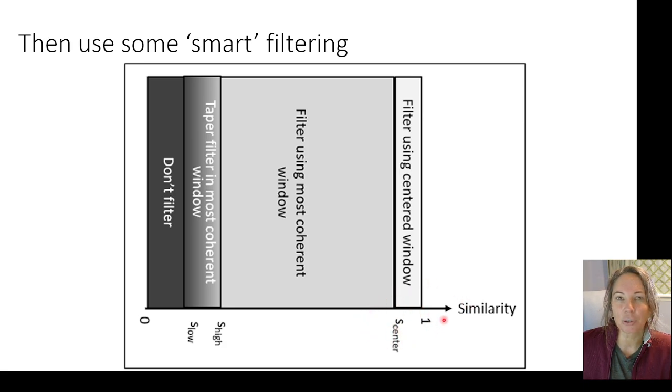You want to filter a little bit more in areas where you know that everything is fairly similar to each other, so you can remove that speckly, random noise in areas where the data should be similar. Then as you get lower coherence, so there are more dissimilarities, maybe you're approaching a fault, or you have a feature like a turbidite, which has a higher coherence.